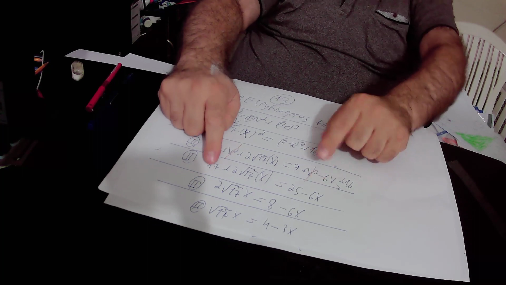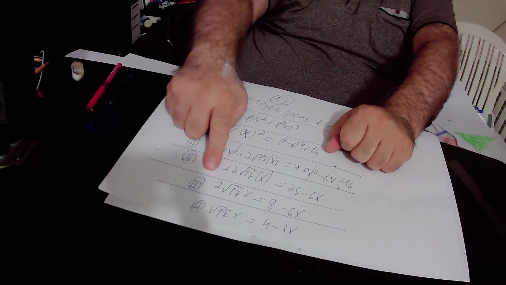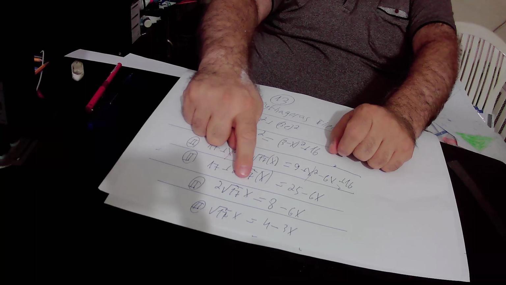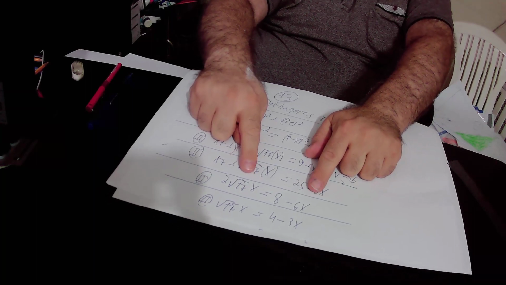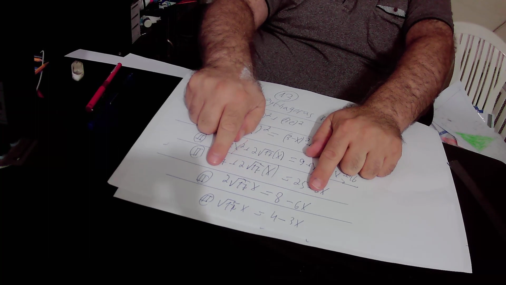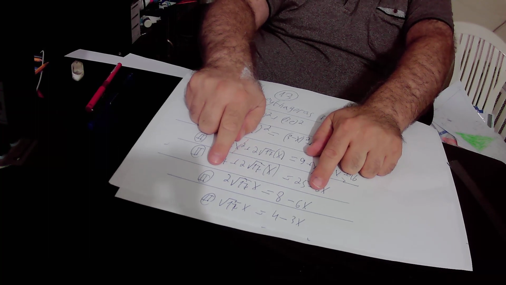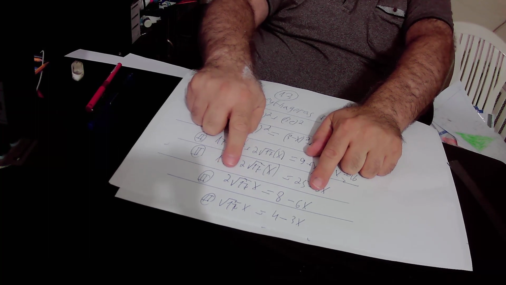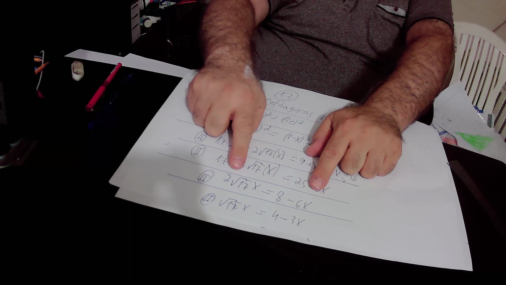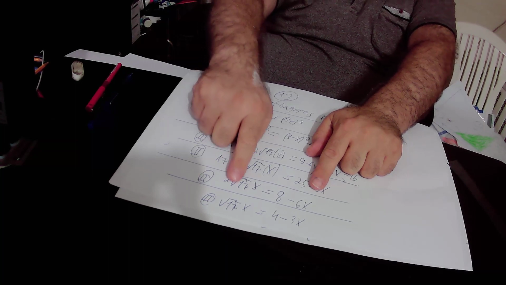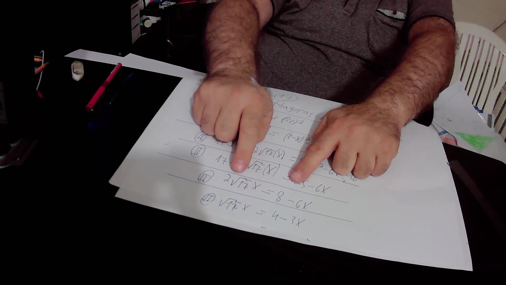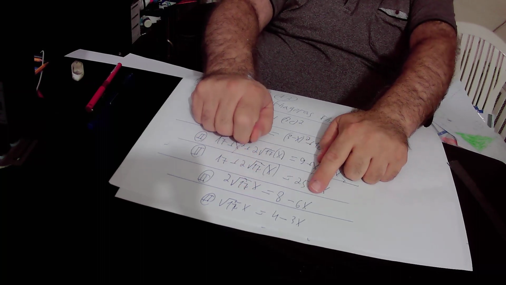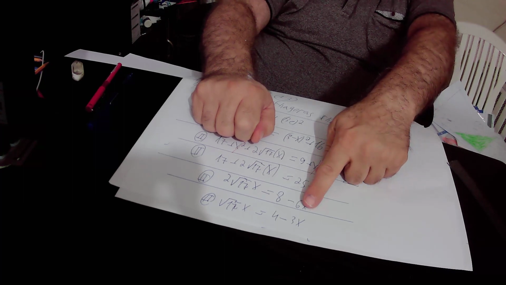In total we got that according to equation number 2, 2 times square root of 17x equals 8 minus 6x. Here we divided equation number 2 by 2, and we got 2 times square root of 17x over 2 is square root of 17 times x. 8 over 2 is 4, and minus 6x over 2 is minus 3x.